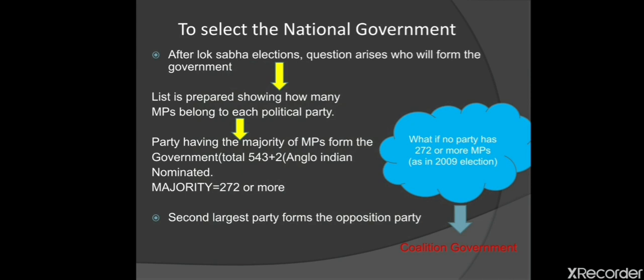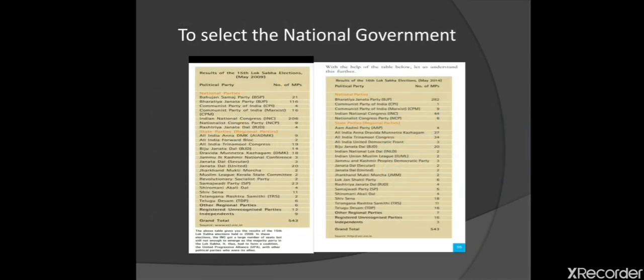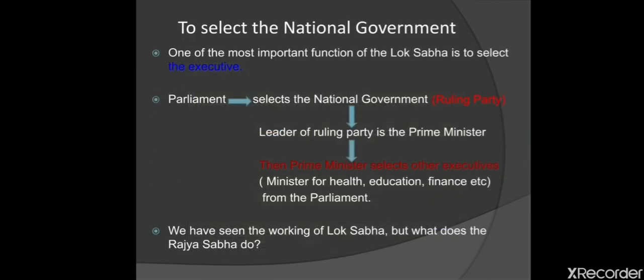And what if no party has 272 or more MPs? Then a coalition government will be formed by combining with other political parties, and the second largest party forms the opposition party.